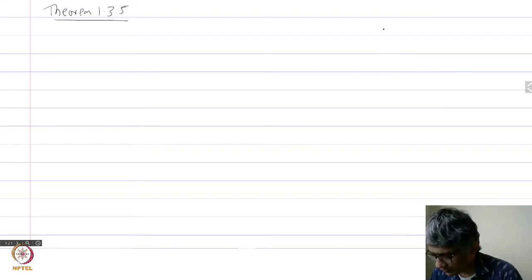Here the idea is that I may have many events in my portfolio. So I may have one event of interest. So let A be an event.